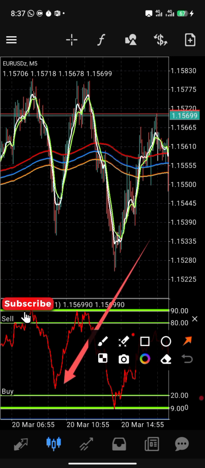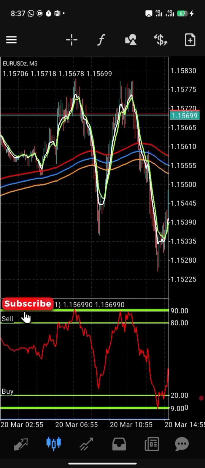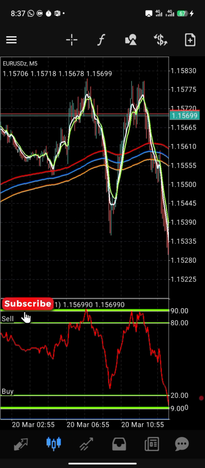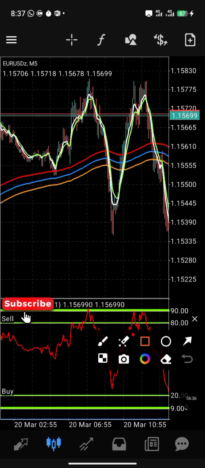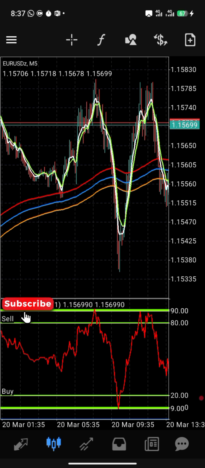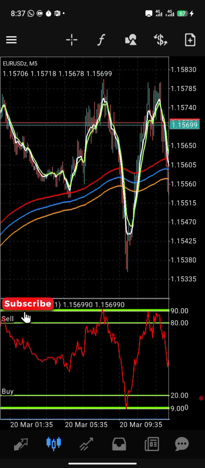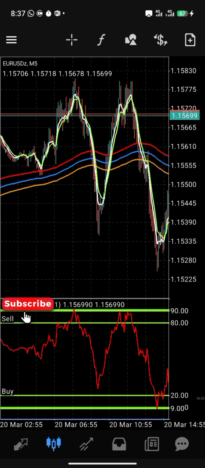So what you do before you take that entry, move your charts this way. Just like you see right here, these top ones are not moving. They remain stationed, so they are valid. But you see this one, moving it moves.